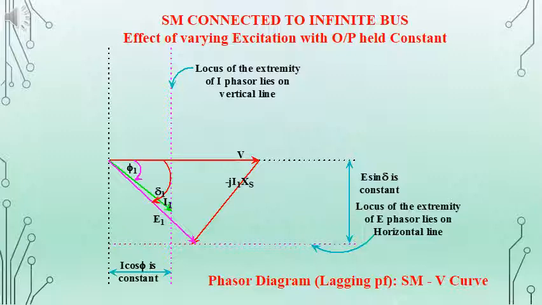And we know the input power here will be V I1 cos phi 1, and in the previous case the active power is V I itself, with cos phi equal to 1.